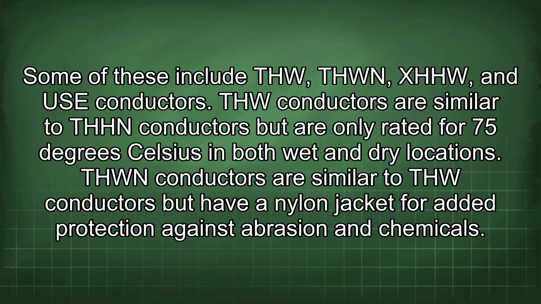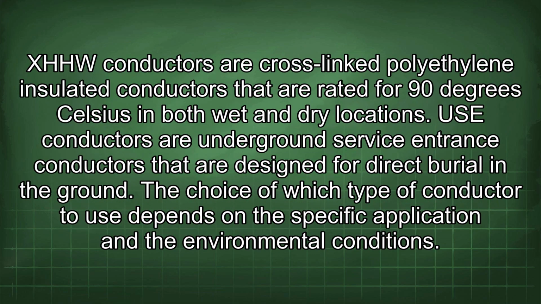THW conductors are similar to THHN conductors but are only rated for 75 degrees Celsius in both wet and dry locations. THWN conductors are similar to THW conductors but have a nylon jacket for added protection against abrasion and chemicals. XHHW conductors are cross-linked polyethylene insulated conductors that are rated for 90 degrees Celsius in both wet and dry locations.